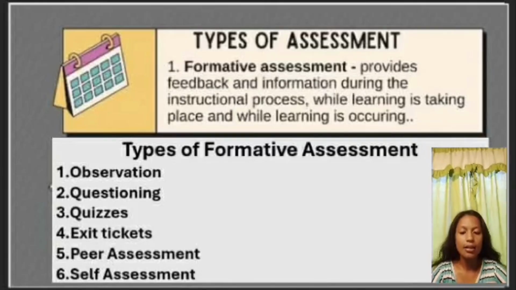And last, we have the self-assessment. When we say self-assessment, it is the time when the students reflect on their own learning, identify strengths, and find the areas to improve.